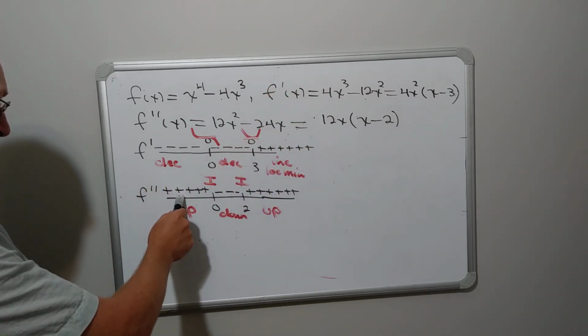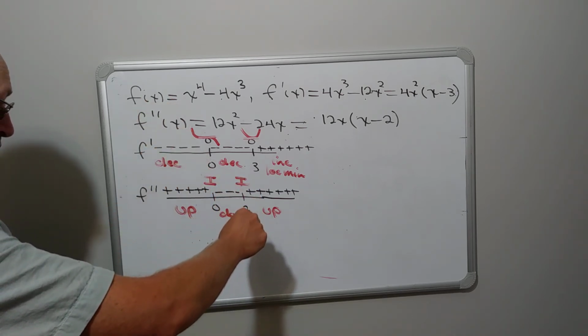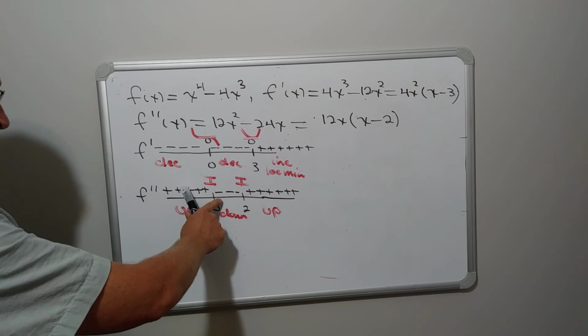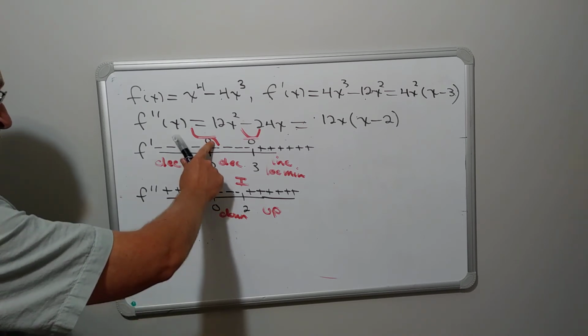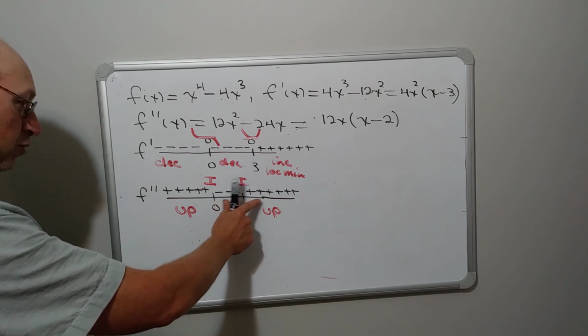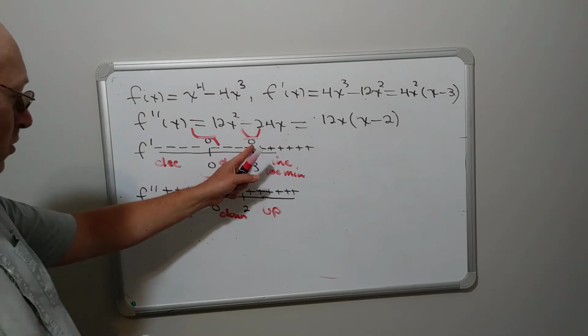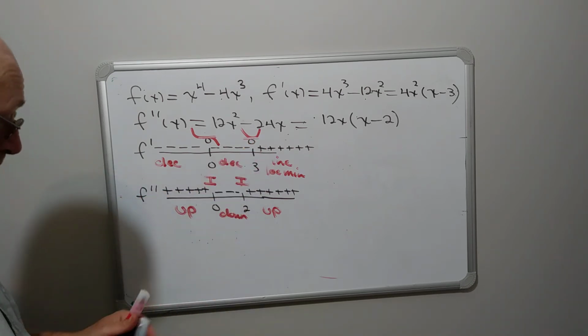When we come down, we're going to be concave up. Then we're going to switch to becoming concave down at 0, and then we'll become concave up forever. And don't forget about the local minimum.